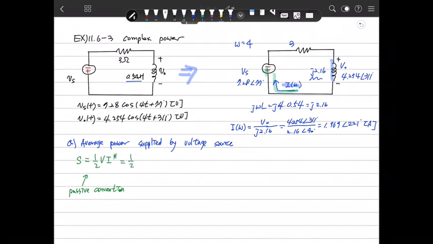The voltage is 7.28 at 77 degrees, and the current conjugate is 1.969 at minus 221 degrees, because this is the conjugate.